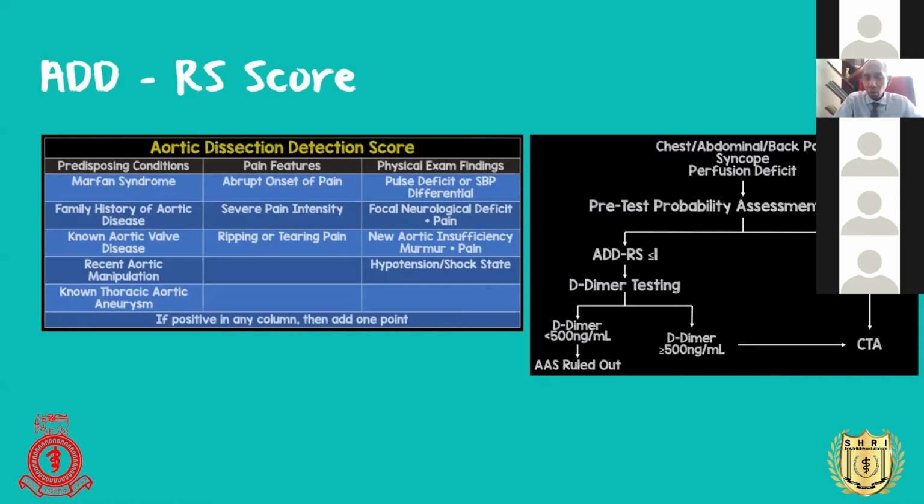If it is high risk, or if the D-dimer is positive, we have to go for the CT angiogram. This D-dimer adjusted ADD-RS score is not that externally validated, but it can definitely give some idea of the risk assessment of patients who are having suspicious pain.